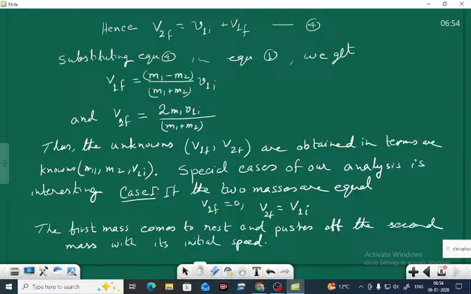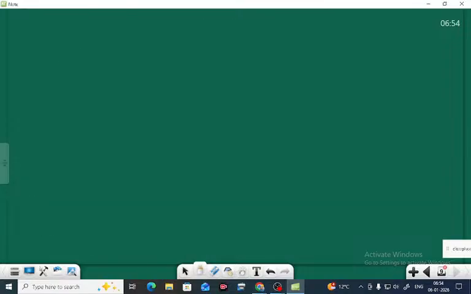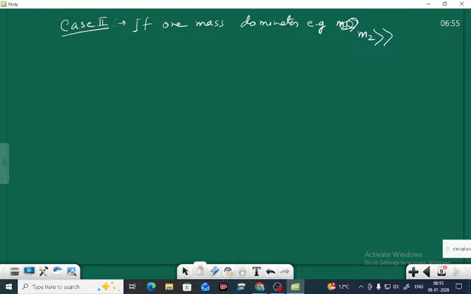Now we are taking case number 2. In case 2, if one mass dominates, that is, m2 is much greater than m1, then what will happen?